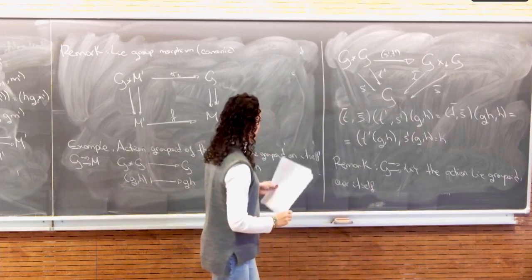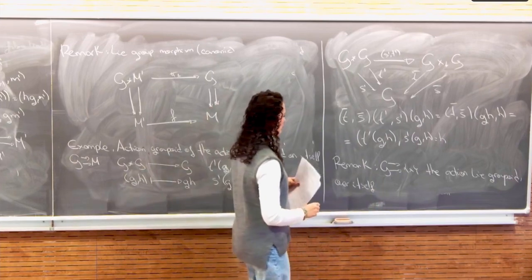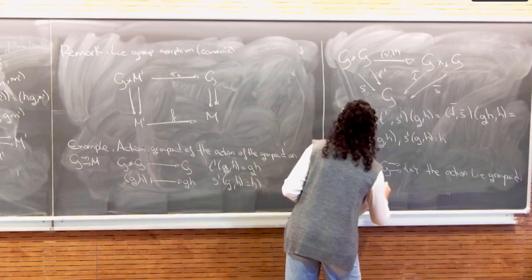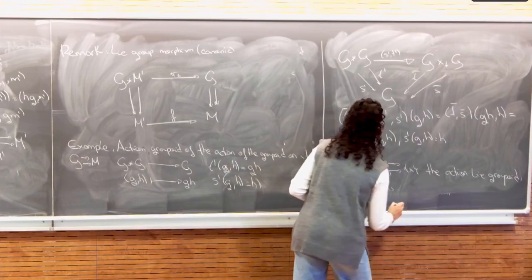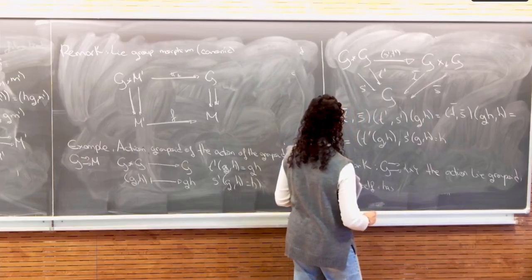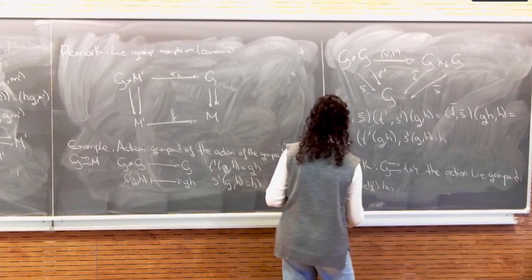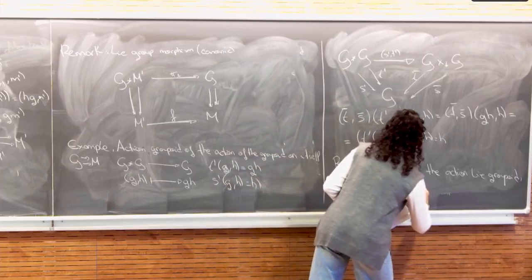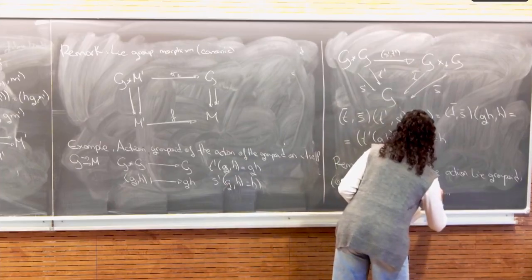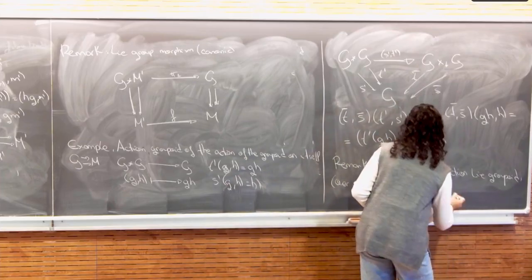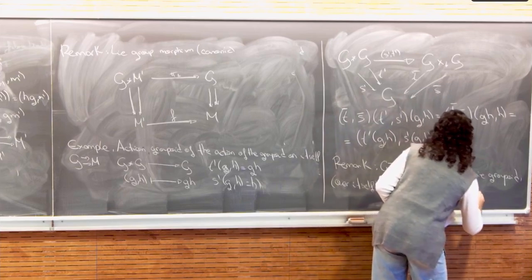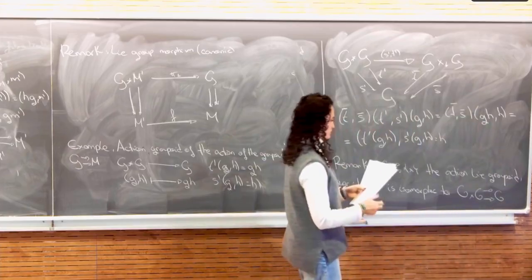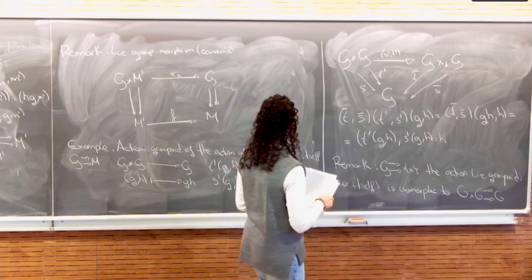Taking translations, we can define an action, and the action Lie groupoid itself is isomorphic to the pair groupoid. Super basic, but interesting.